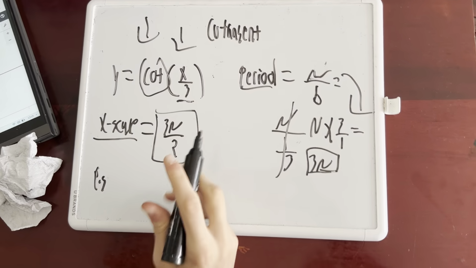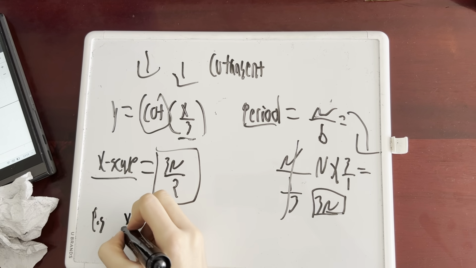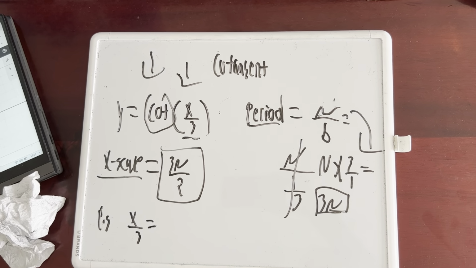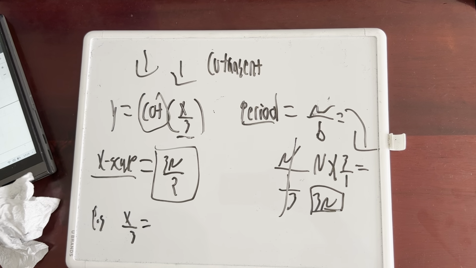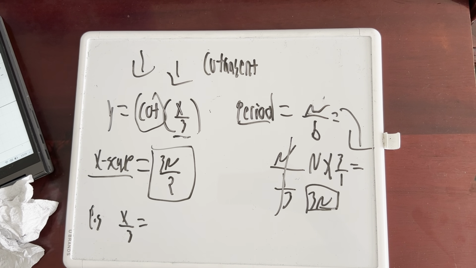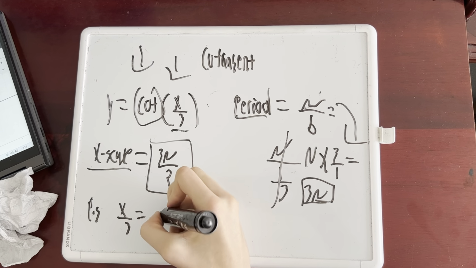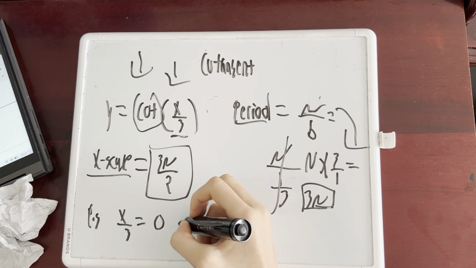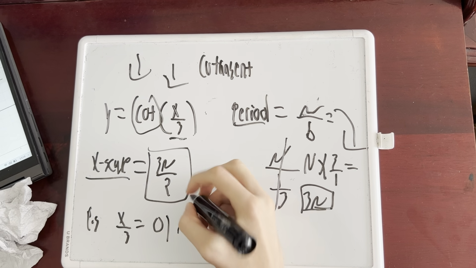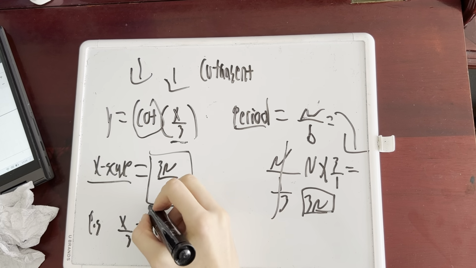So for that, we can do x over 3 equals, and what you need to remember now is what your 2 endpoints for your asymptotes will become, and these are 0 and pi. So this would be your end, and this would be your start.